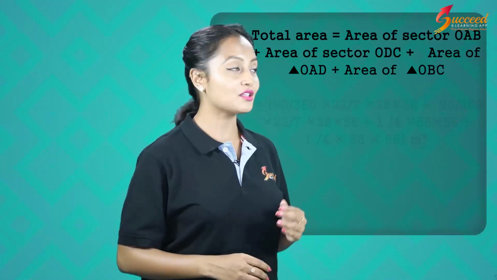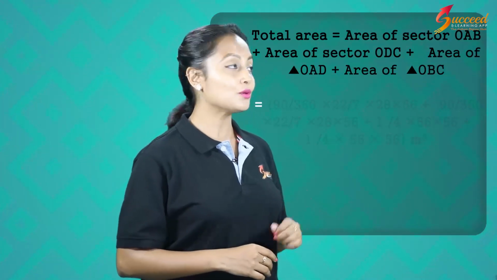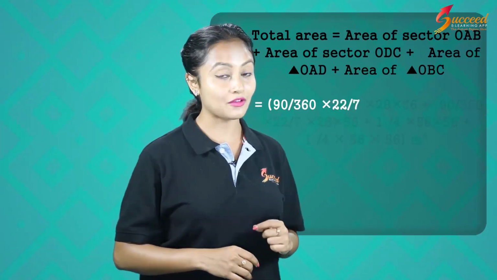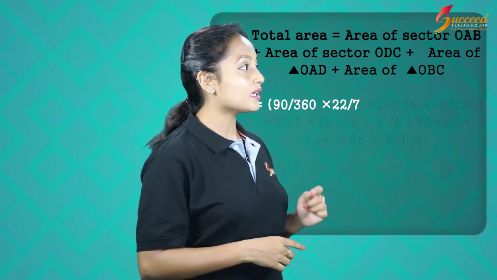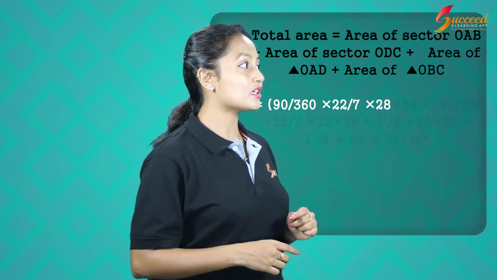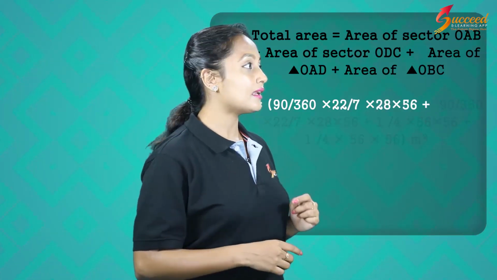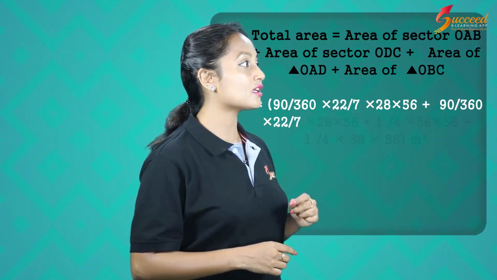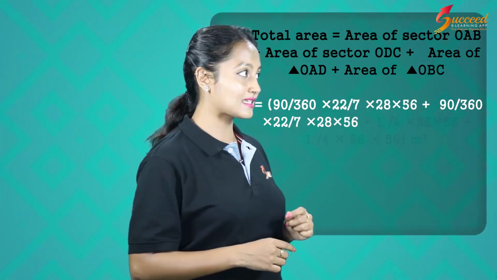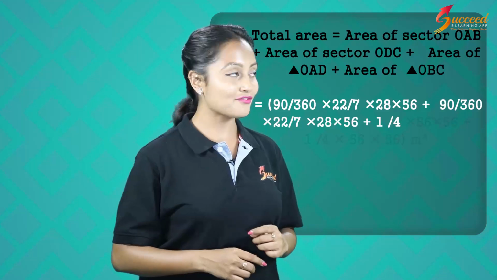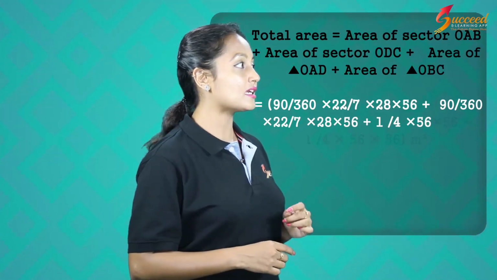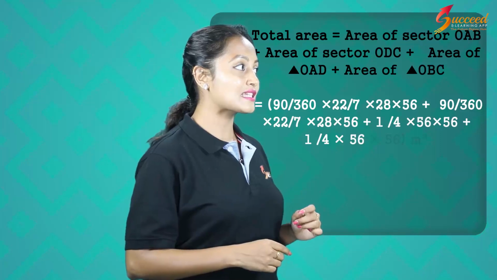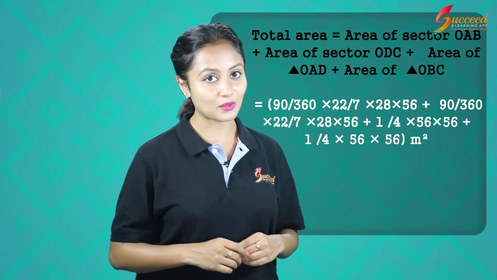Substituting the values, you get this is equal to 90 divided by 360 into 22/7, which is the value of pi, into 28 into 56 plus 90 divided by 360 into 22/7 into 28 into 56 plus 1/4 into 56 into 56 plus 1/4 into 56 into 56 meter square.